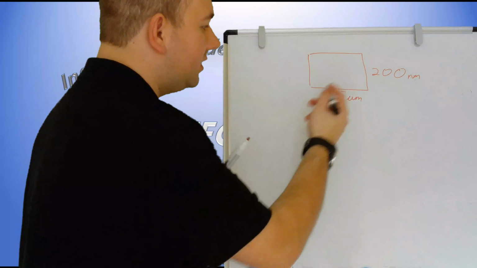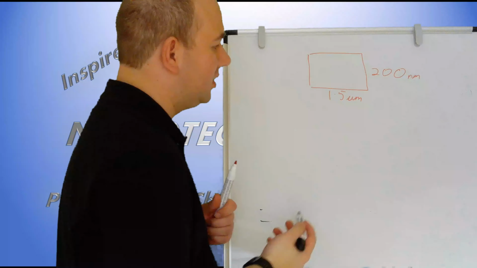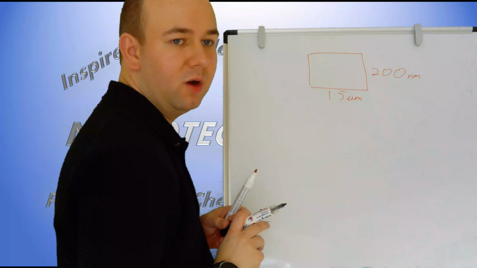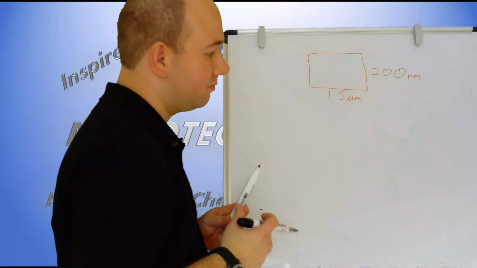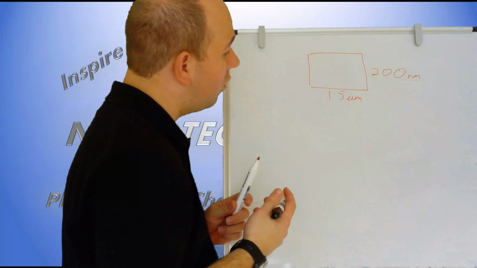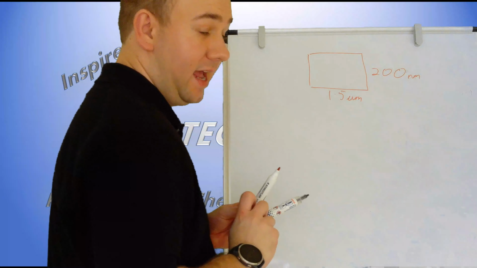So we could convert everything to nanometers again, in which case you'll have 200 nanometers times by 1500 nanometers, and that's one way of being able to do this. Or we could try and do it in the scientific notation again.